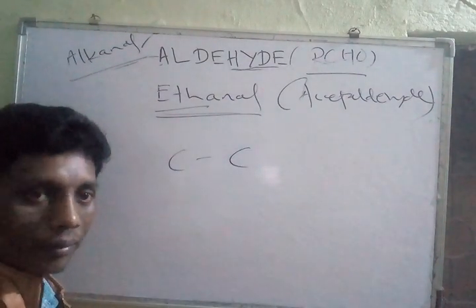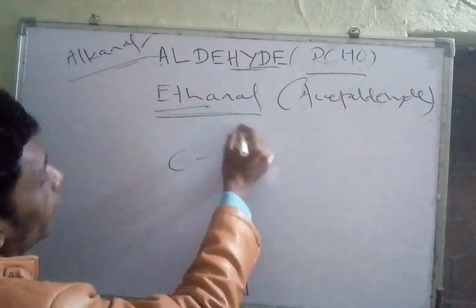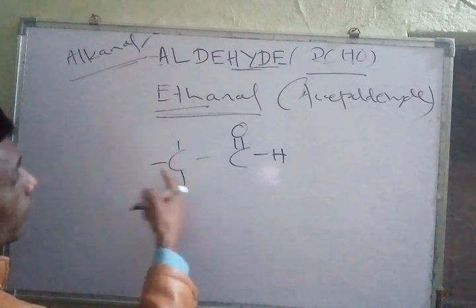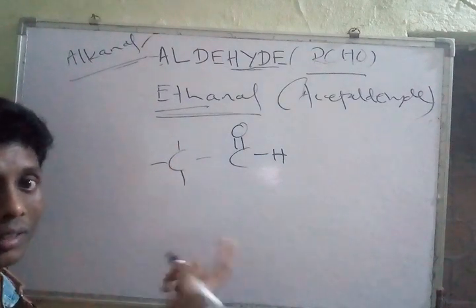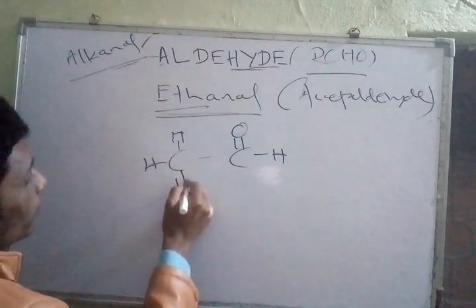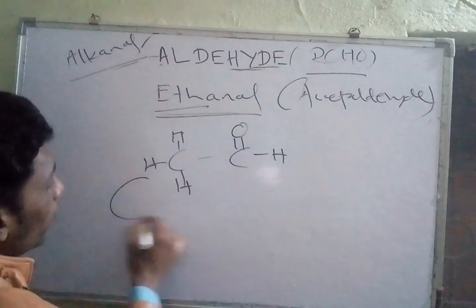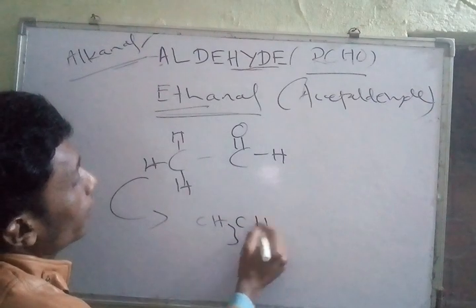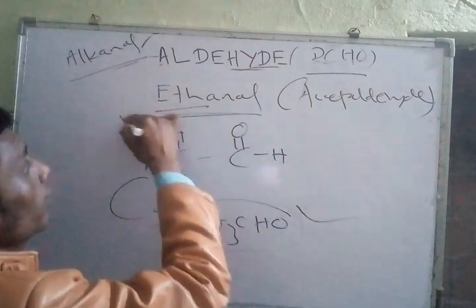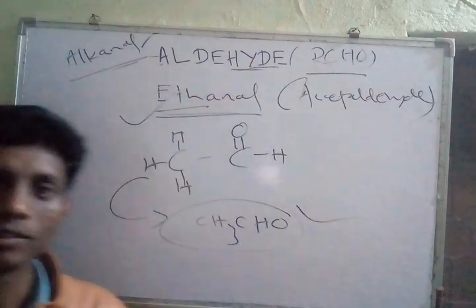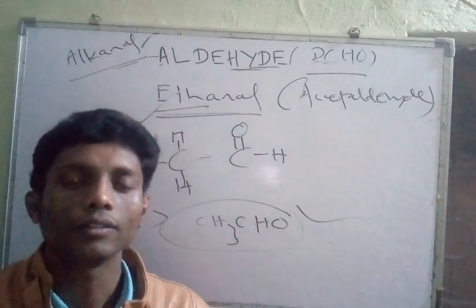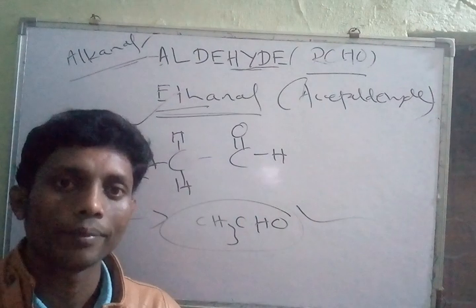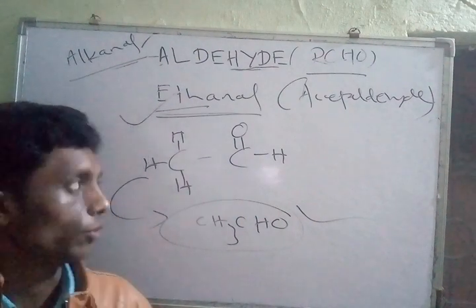Again, set the functional group CHO, and now each carbon has four bonds as tetravalent, so put hydrogens. Next, its condensed form is CH3CHO. We obtain the formula for ethanal, the acetaldehyde. Clear? Thus we can write a formula and also its structure in this way.